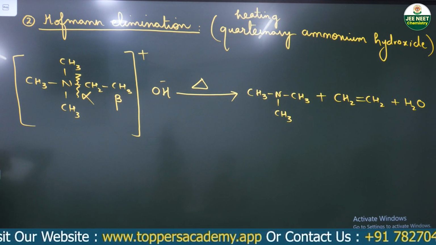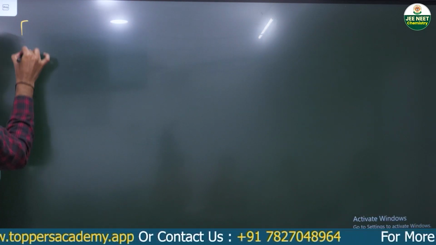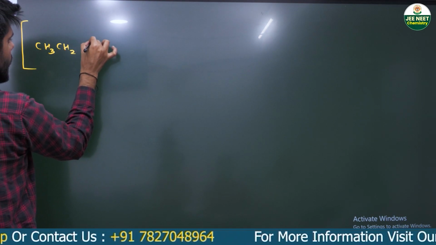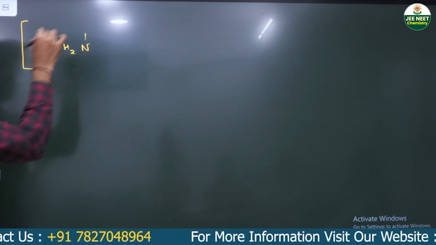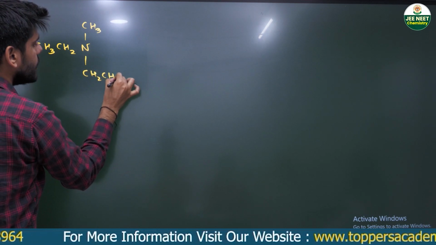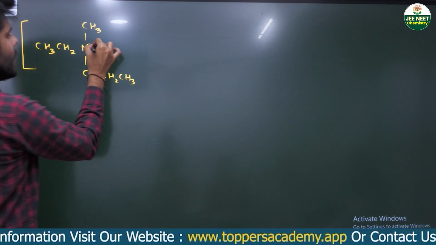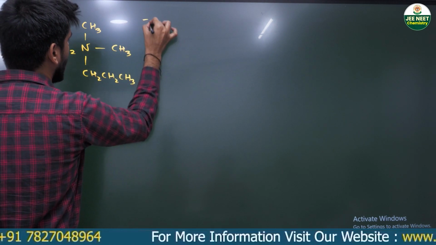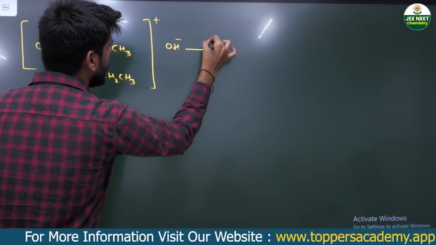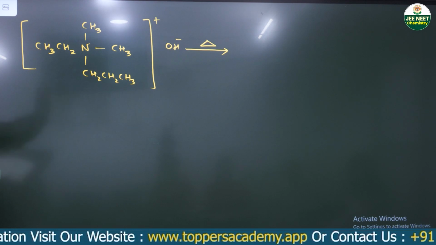Suppose I have this: CH3CH2, and CH3CH2CH2CH3. Clear? And you are having CH3 over here, positive, and OH minus. When you heat it, can you please tell me the products? Obviously you will get a tertiary amine, that's for sure.